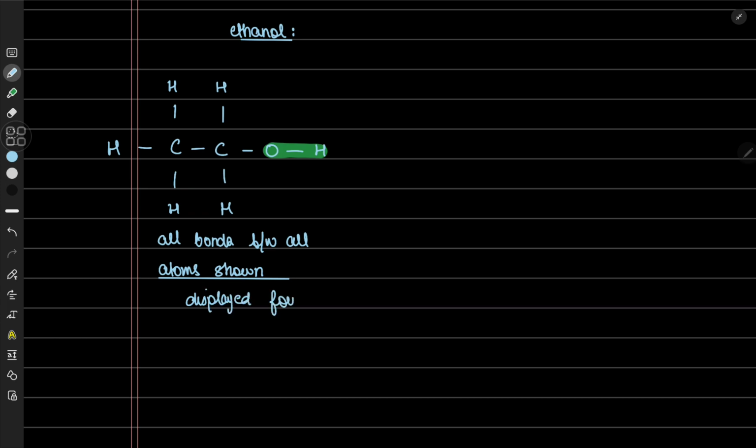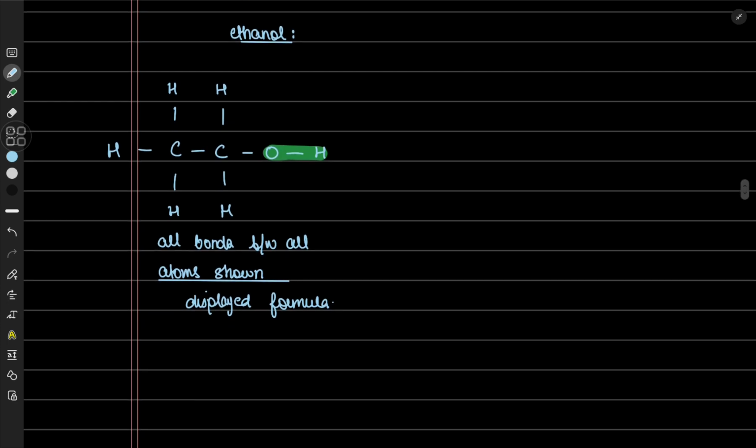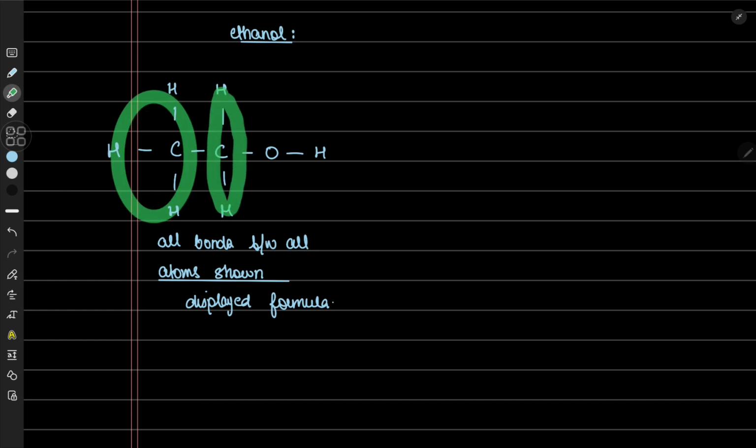Right? Next one. The next type of formula is the structural formula or the condensed formula as well. So how do we go about writing it? We have the structure of ethanol here, right? Now this is a CH3 group, this is a CH2 group, this is an OH group, and they're all bonded to each other, right?